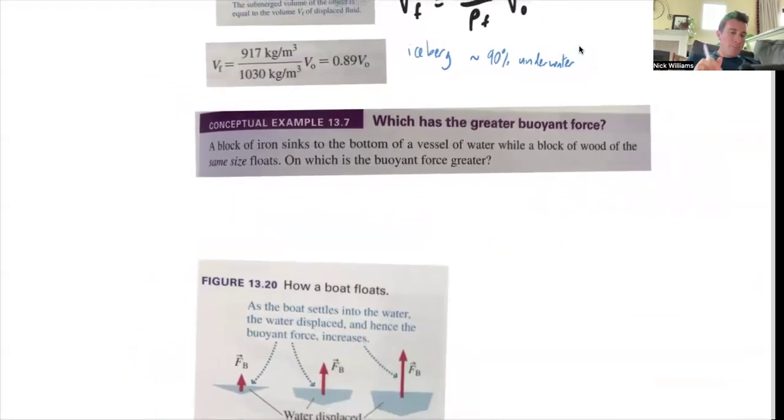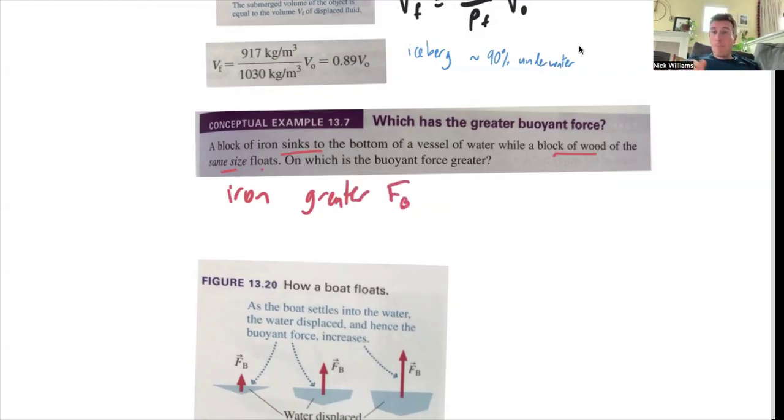All right, which has the greater buoyant force? A block of iron sinks to the bottom of a vessel of water, while a block of wood of the same size floats. On which is the buoyant force greater? Okay, this one's actually counterintuitive, because it feels like the wood would have more buoyant force because it floats. That turns out not to be true. So the block of iron is going to have greater force of buoyancy because the iron is fully underwater.